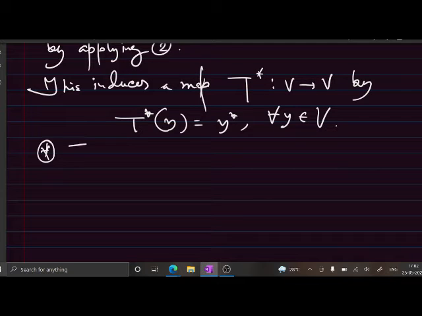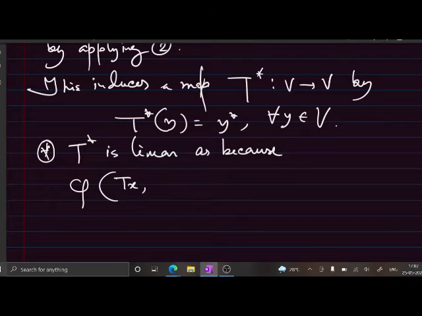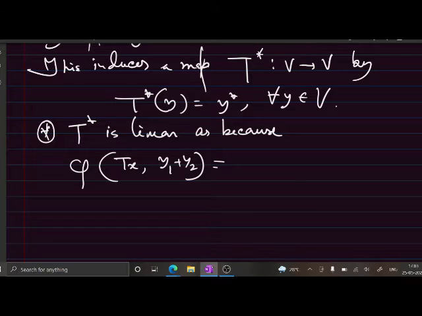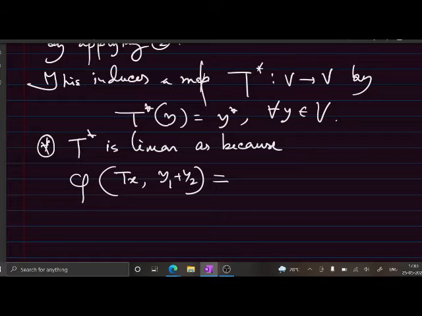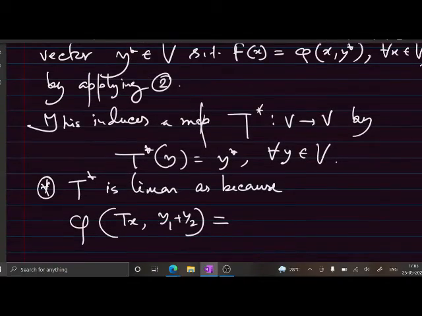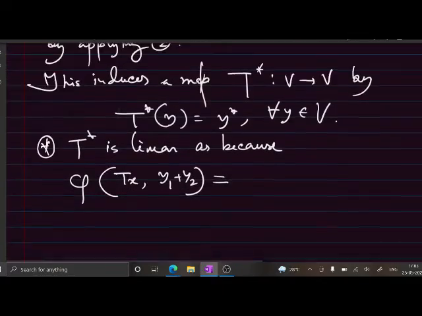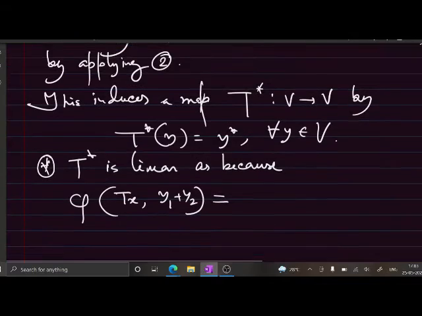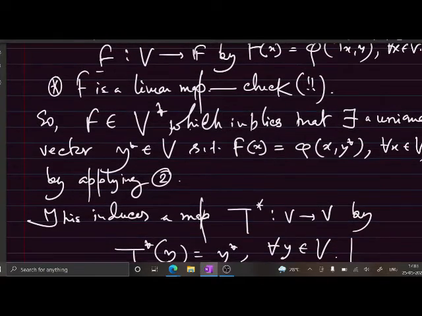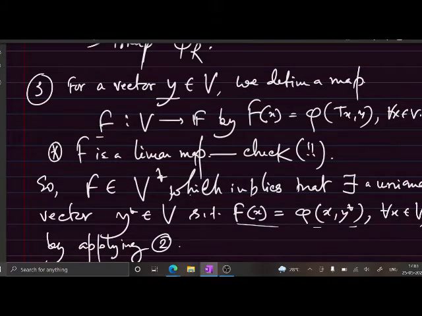Now let us check whether this T star is again a linear map from V into itself or not. So T star is linear, because f of x is phi of x, y star, and also by definition f of x is phi of Tx, y.